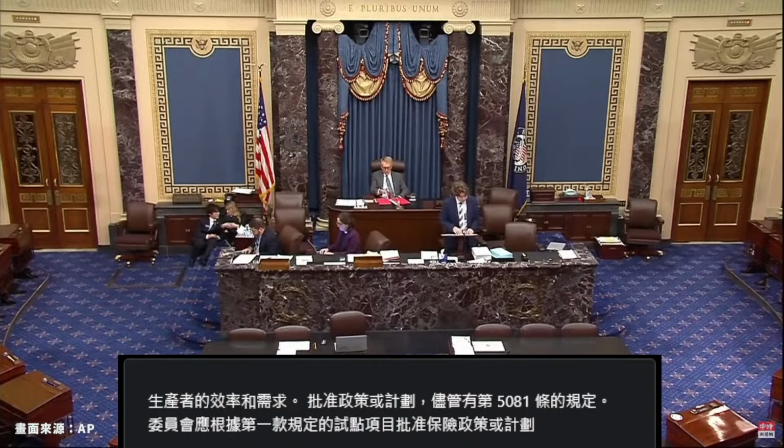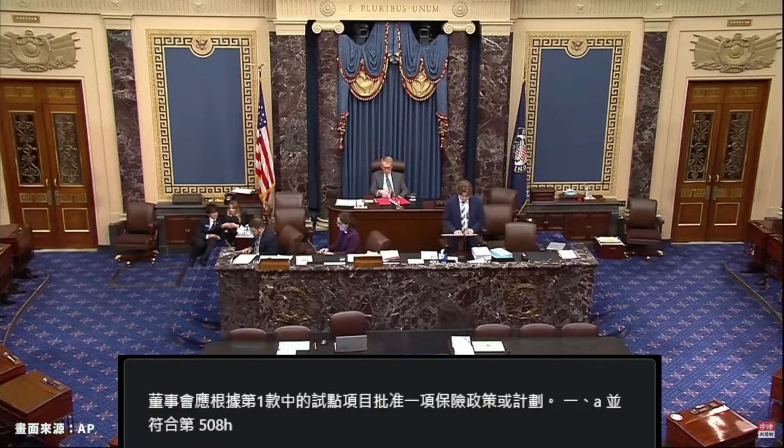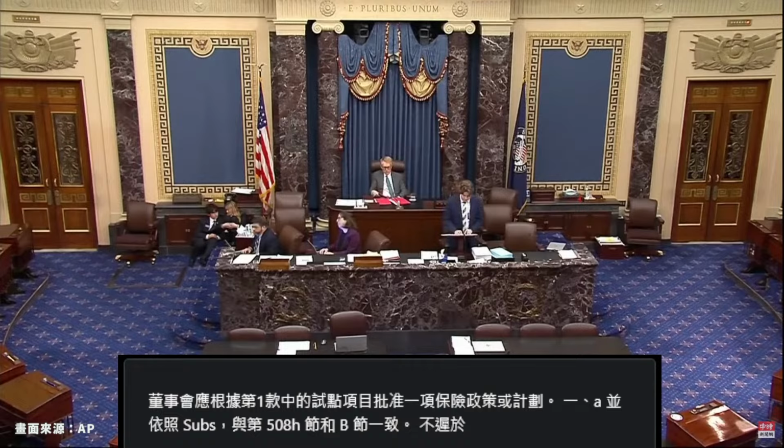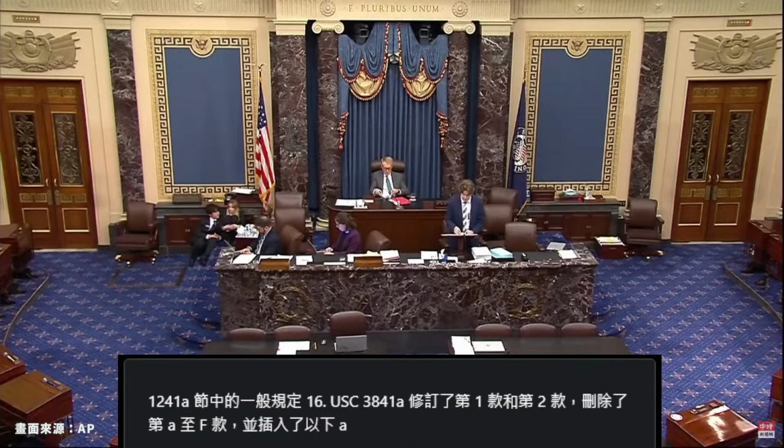Subtitle F, Additional Investments in Rural America. Section 10601, Conservation. (a) In general. Section 1241(a) of the Food Security Act of 1985, 16 U.S.C. 3841(a), is amended (1) in paragraph (2) by striking subparagraphs (A) through (F) and inserting the following. (A) $625 million for fiscal year 2026. (B) $650 million for fiscal year 2027.